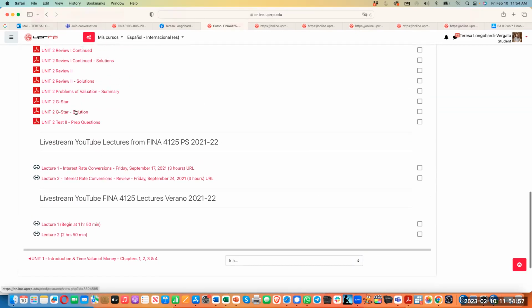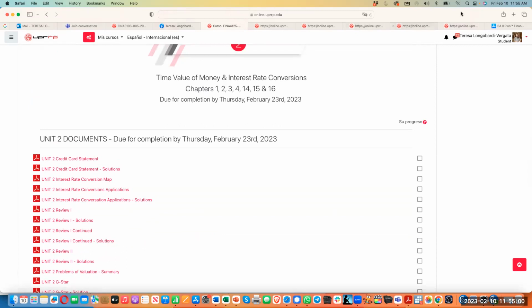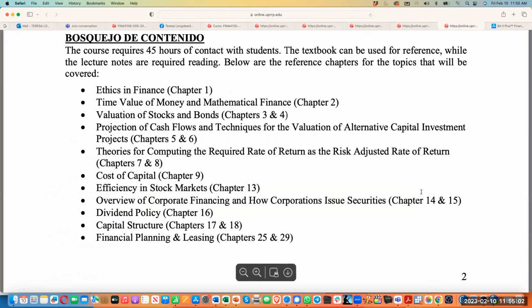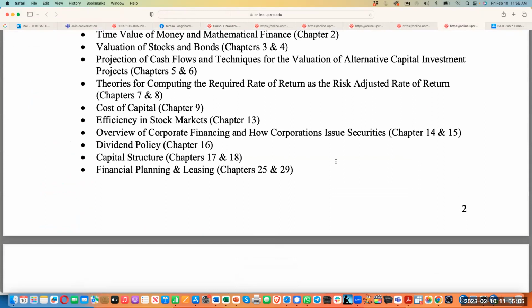So yeah, in the syllabus, you can see 14 and 15 is an overview of corporate financing, how corporations issue securities. So it just gives you a background, because I mentioned storylines about how we perceive growth and how corporate announcements affect pricing and valuation of stock.